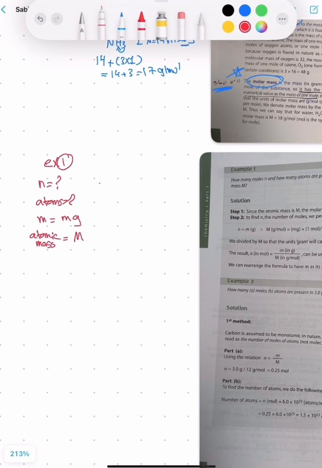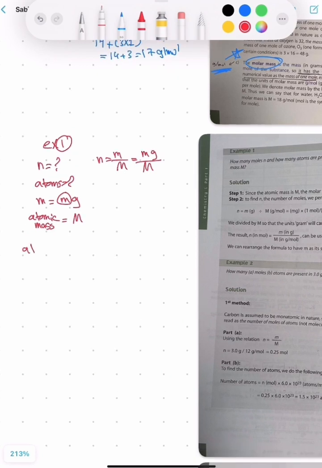How would you calculate number of moles? Number of moles is equal to mass over molar mass. How much is the mass? It's m. So m grams over the atomic mass or molar mass. That's it. I'll leave it like that. What about number of atoms? Atoms are equal to number of moles times Avogadro number times atomicity.